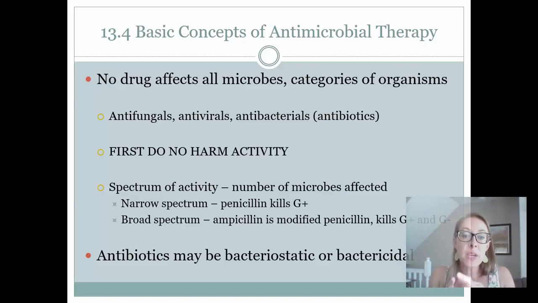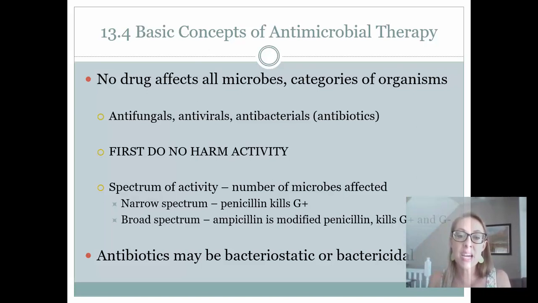If the caregiver chooses to go with a broader spectrum, well, that may be a better choice seemingly in the short run because you're more likely to find a drug that has an effect on that pathogen. But broad spectrum antibiotics can sometimes have collateral damage, if you will.